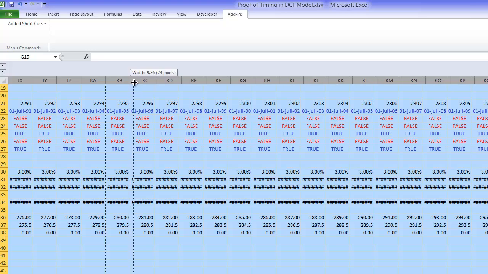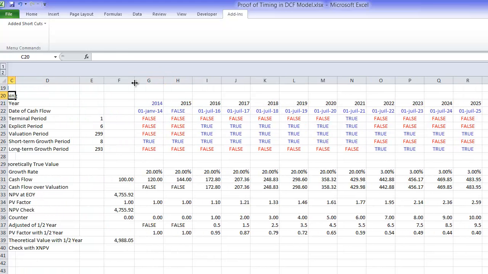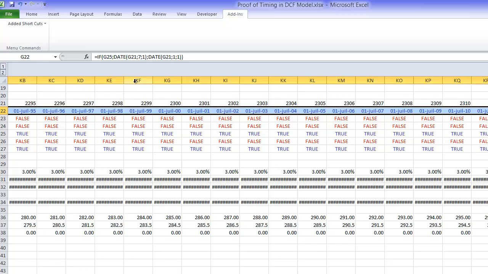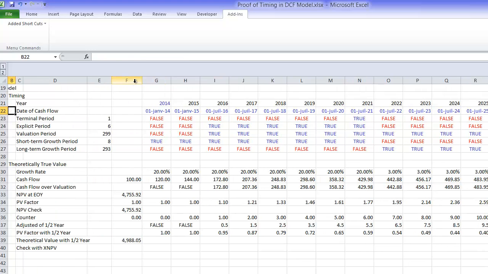Let's just make this a little bit wider. Okay, so here's what we have. We have a date that is 1 July, and actually this cash flow occurs in 1 July, but otherwise we're going to make that year.